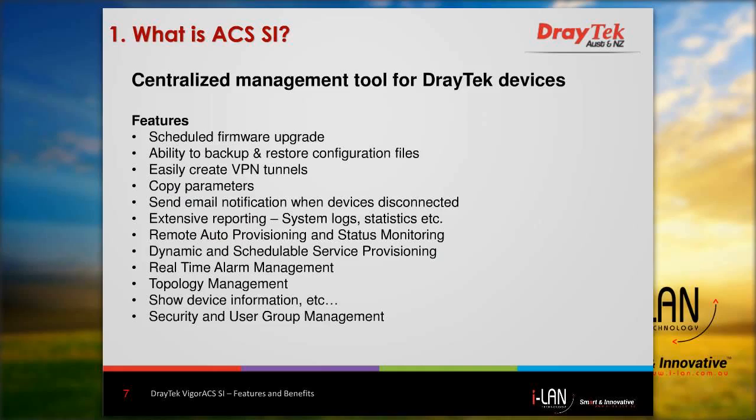You can see listed here it has a large number of features, and these include scheduled firmware upgrades, the ability to backup and restore configuration files, easily create VPN tunnels, copy parameters, and send email notification when devices are disconnected. It's also got extensive reporting, which includes system logs, statistics, and so on.